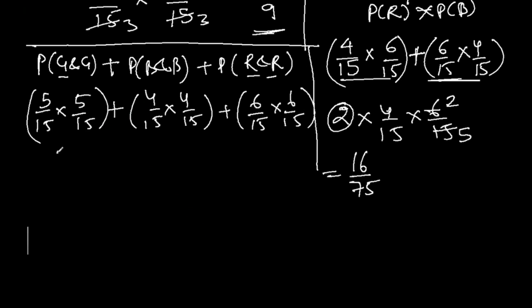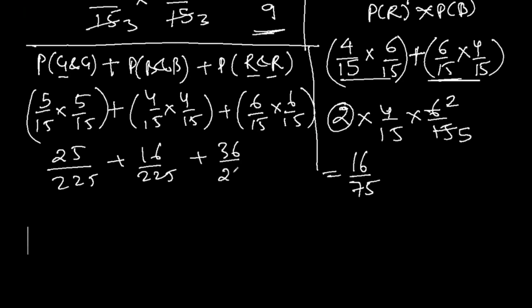Alright, so this becomes 25 over 225 plus 16 over 225 plus 36 over 225. Same denominator they have, so it remains same. 25 plus 16 is 41 plus 36 is 77 out of 225. That's the probability.